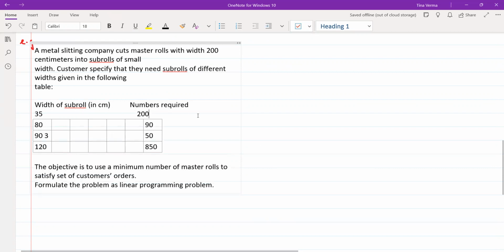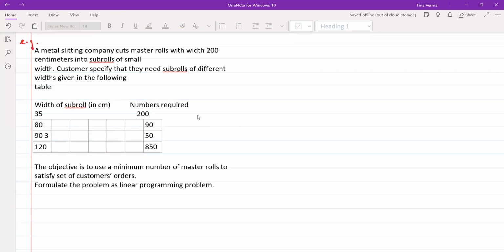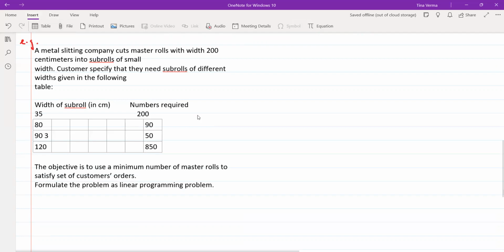So next example, it is saying related to that, a metal slitting company cuts master roll with width 200 centimeter. एक मेटल स्लिटिंग कंपनी है जो मास्टर रोल कैसे कट करती है, जिसकी विड्थ कितनी होती है 200 सेंटीमीटर, इनटू सब रोल्स. ठीक है, सब रोल्स कैसे हैं, जिनकी छोटी विड्थ है 200 सेंटीमीटर से.